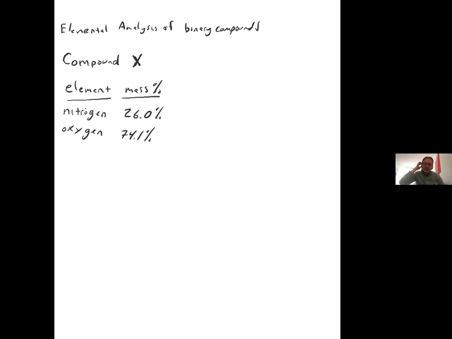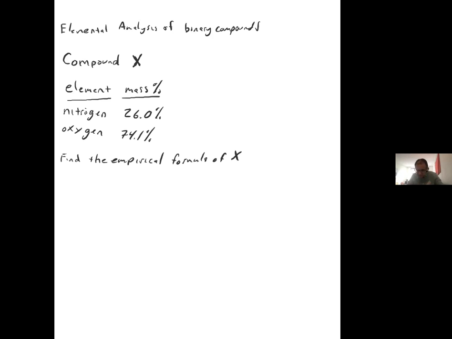Okay. And then they want you to find the empirical formula of compound X. So let's talk a little bit about the empirical formula.